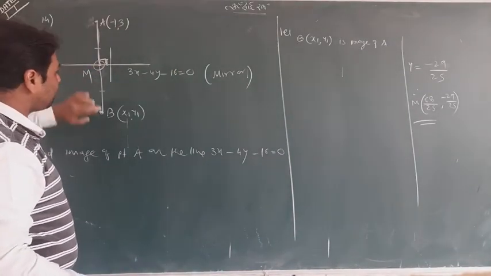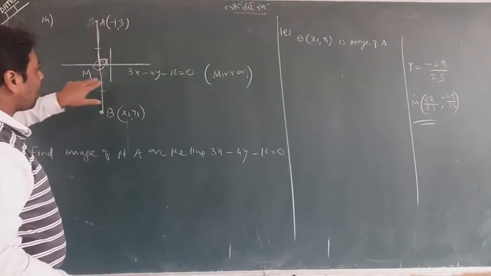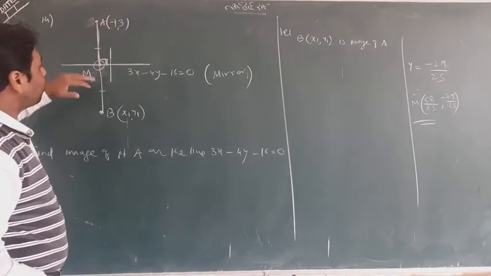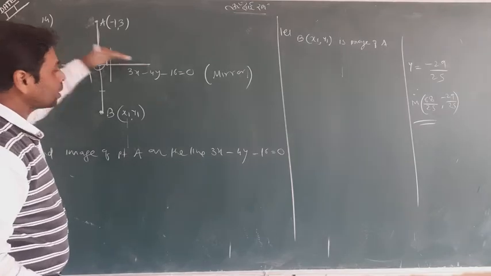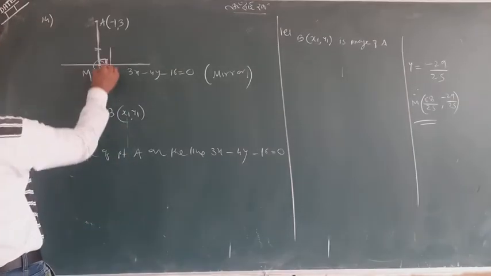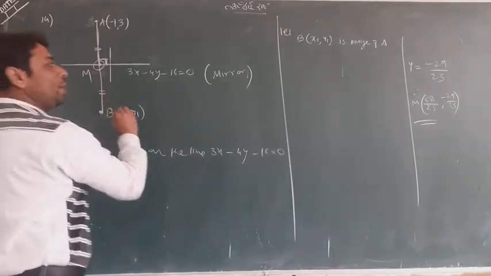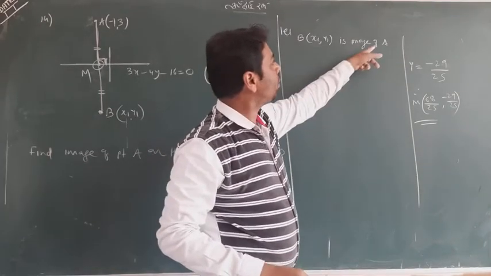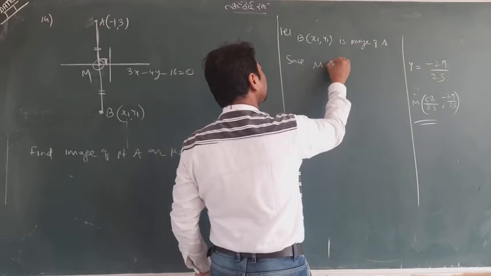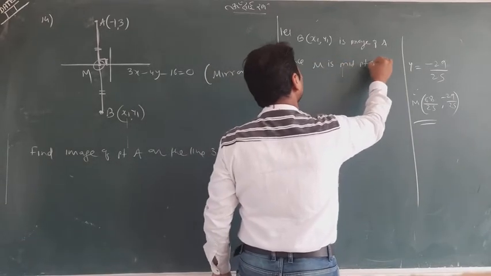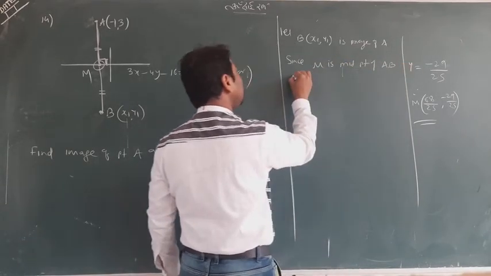Now let me explain the image B. The image of A is B, and in the whole scenario M is the midpoint of AB, because the image of A is B and this is a mirror image, so this distance will be the same. So M will be the midpoint of AB. So let B (x1, y1) be the image of A. Since M is the midpoint of AB, use the division law.